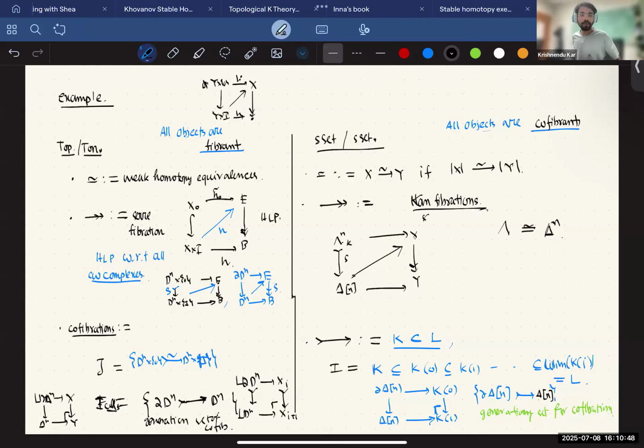So we don't need to look at all the maps. We can look at some sub-collection of the maps, and we'll be done. This is also a big feature of these categories. For categories that enjoy generating maps like this, these are called cofibrantly generated model categories.